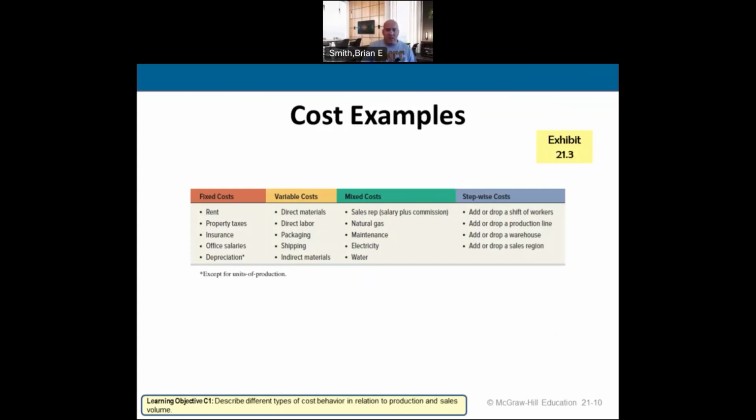Now, this video is going to be over time. Right now, I do have a cost volume profit analysis that we do, and I will reiterate this in that assignment. But if you're watching this and you're not in my class, then disregard this. But we have to account for this in this example of utilities.